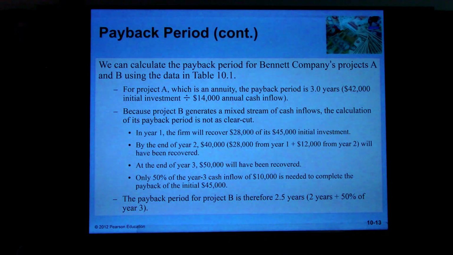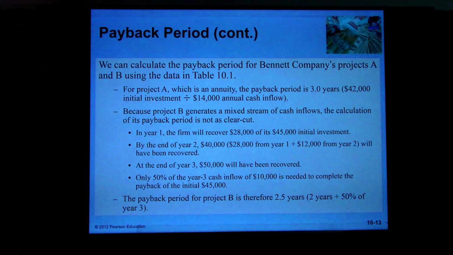So this means that only 50% of the year in the cash stream is needed to complete our payback. This means that project B will recover its initial investment of 45,000 in only 2.5 years.